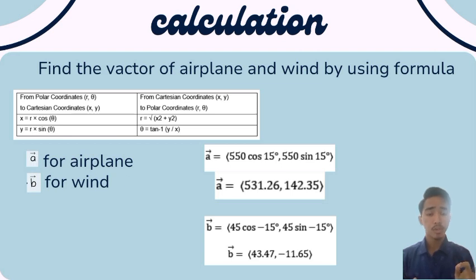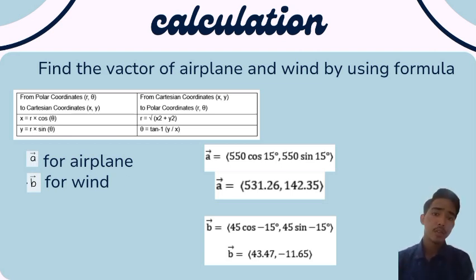We only need to find the vector that is added from these two vectors, which are the direction of the aeroplane and the direction of the wind blowing to the aircraft.